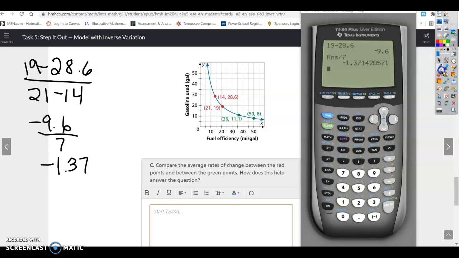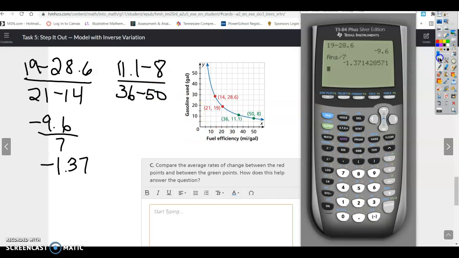So for Par, we have 11.1 minus 8, that's our y minus y, over x minus x, 36 minus 50.